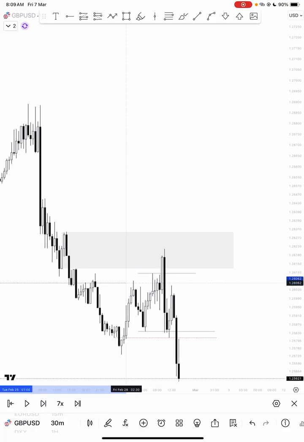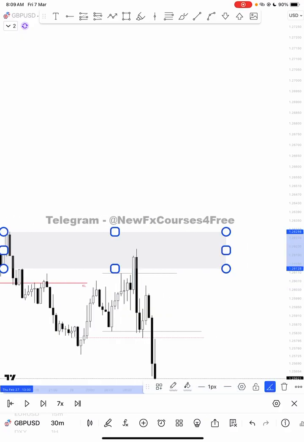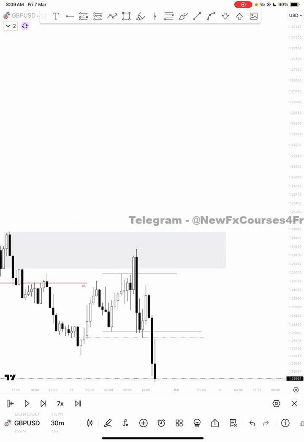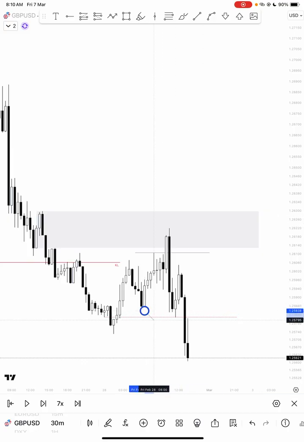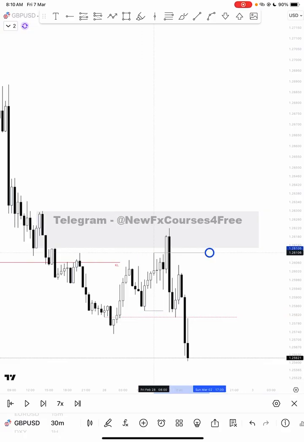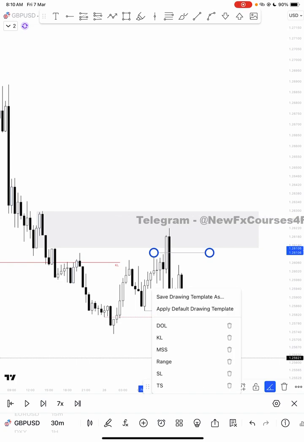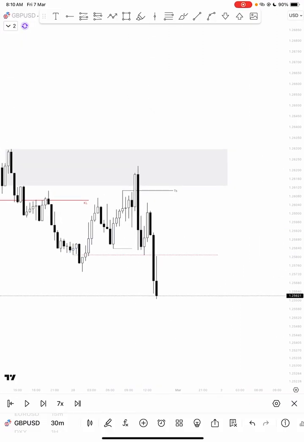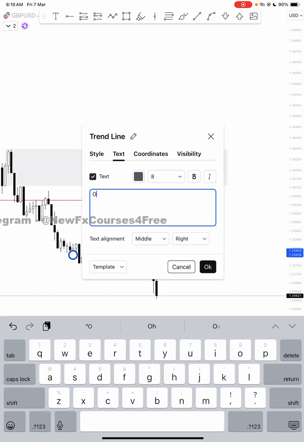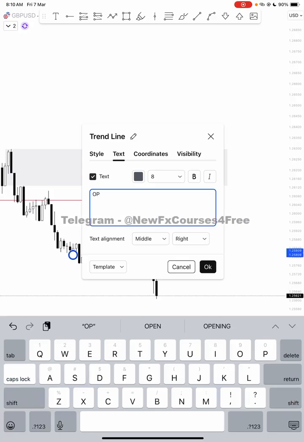So here, let me put this key level, and this rejection block over here is also a key level, and this is your CRT low. And here is your turtle soup. And this is your opening price.